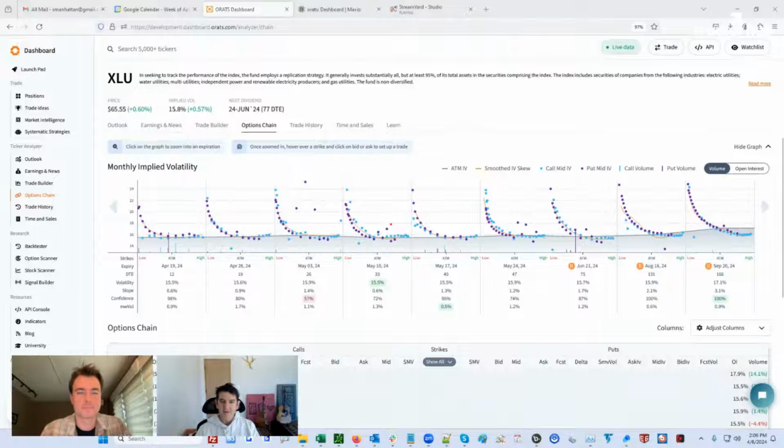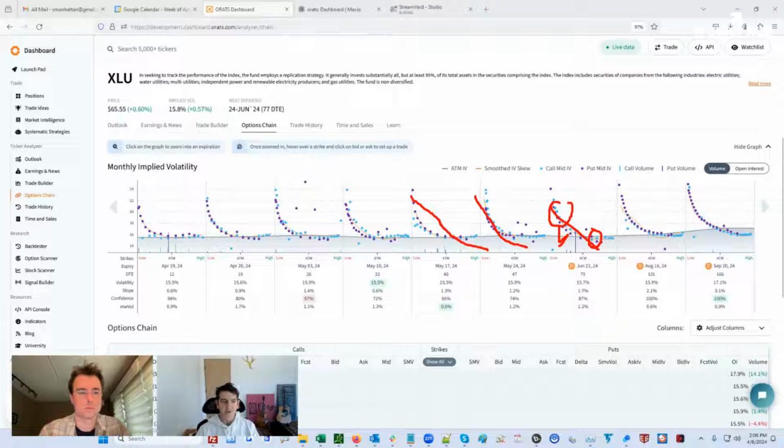So slope is how steep this skew is, or this skew, or this skew right here. The puts are on the left and the calls are on the right, and those change. Sometimes this goes down, sometimes it goes up.